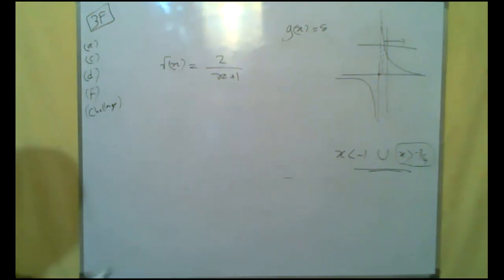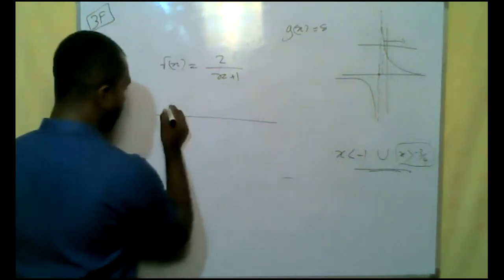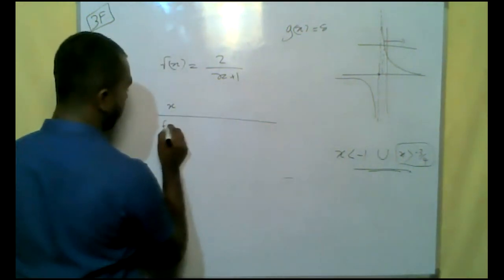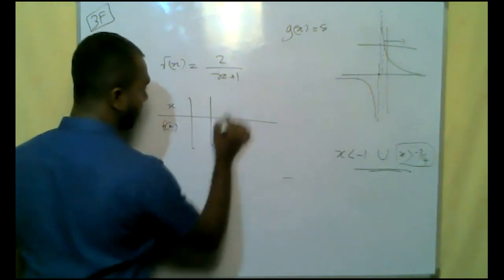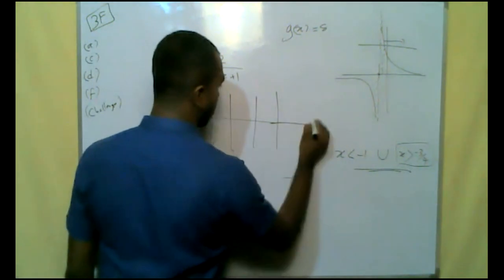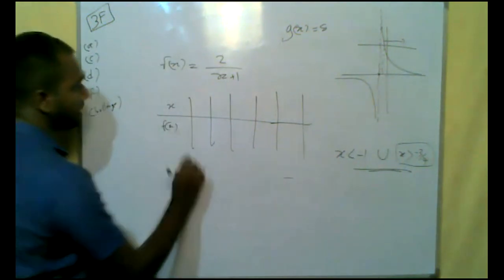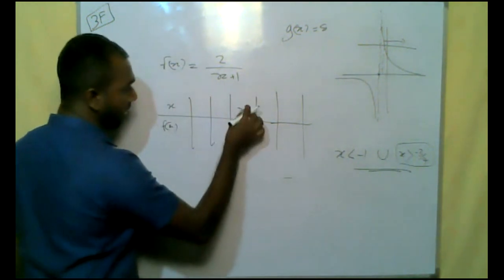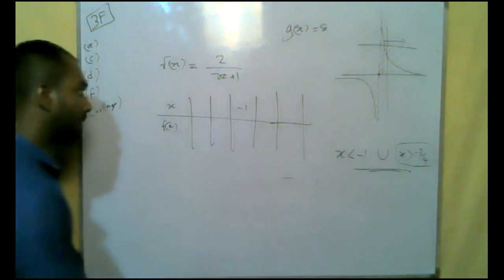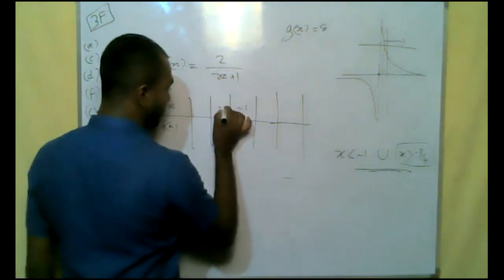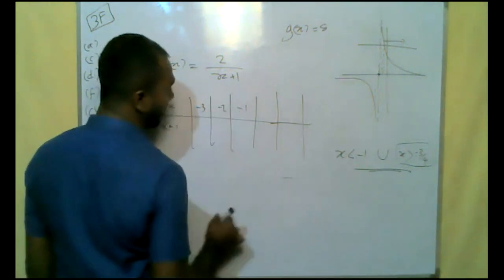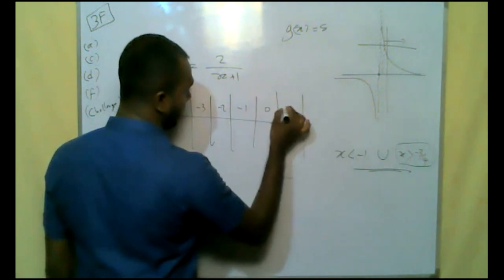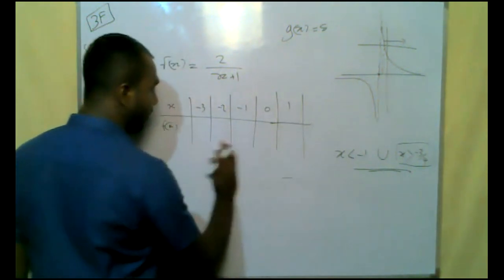So if I just draw a table of values with x and f(x) here, try to figure out. I am just putting some values. I am taking -1 as the center. So this is -2, -3, and here it is 0 and 1. Try to figure out the value for f(x).